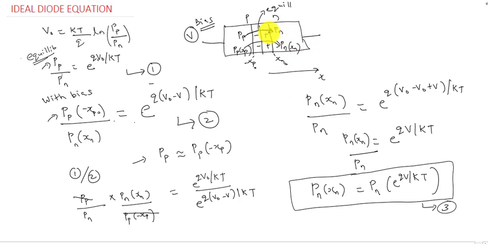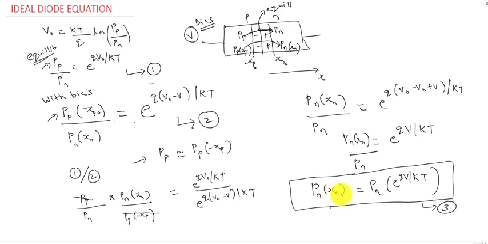When we apply a forward bias, the holes are diffusing to the N side, so the hole concentration on the N side is represented as Pn of Xn. This is the biased value of holes on the N side. All these are minority carriers. Actually this is a minority carrier equation, because we have assumed the majority carriers to be the same under low level injection.